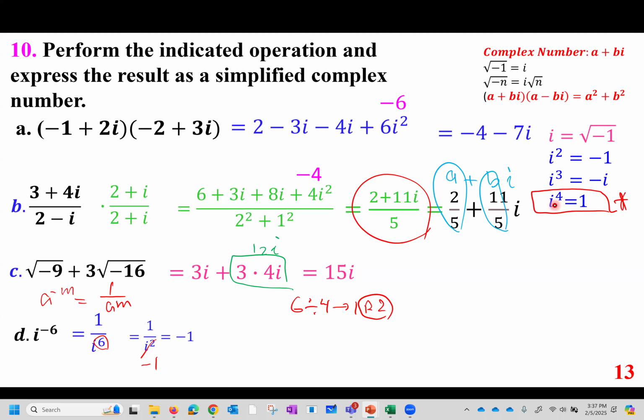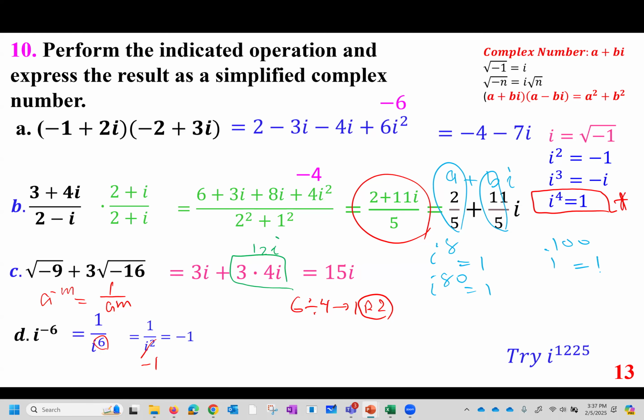Powers of i: because i to the power of 4 is 1, anything that is divisible by 4, for example i to the power of 8 is 1, i to the power of 80 is 1, i to the power of 100 is 1, because all of these exponents are divisible by 4. Because that's the case, all you have to do is divide the number by 4 and keep the remainder.